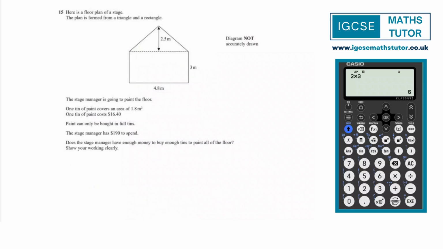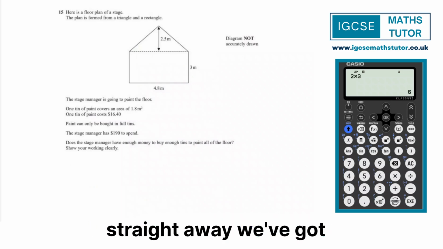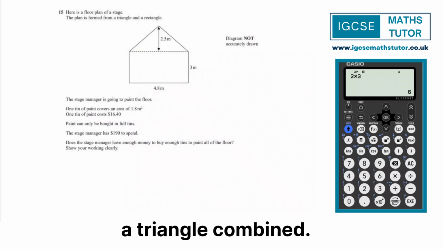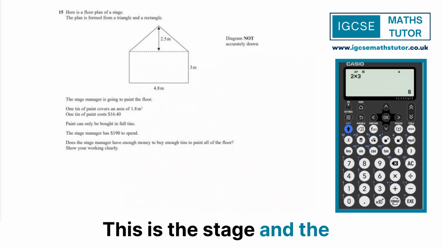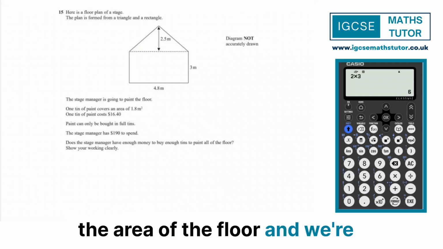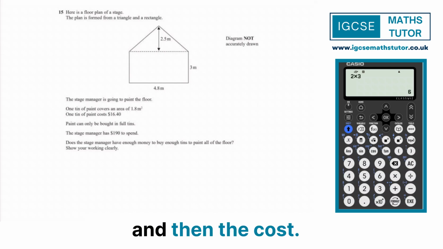Question 15. So an area question, I can see straight away we've got a compound shape, which is a rectangle and a triangle combined. This is the stage, and the manager's going to paint the floor. So straight away we should be thinking, well, we're going to have to work out the area of the floor, and we're then going to have to deal with how much the paint covers and then the cost.